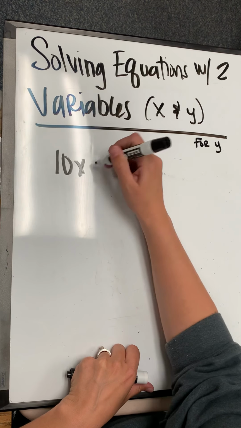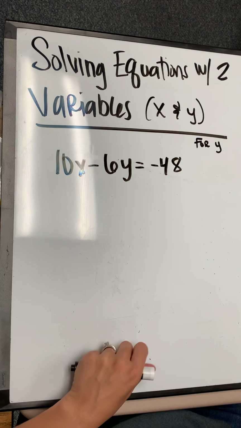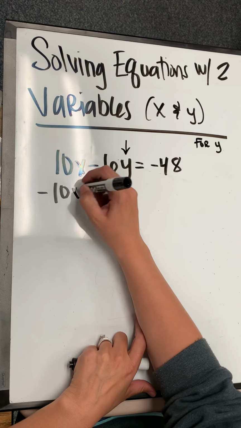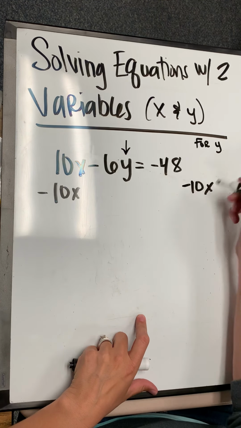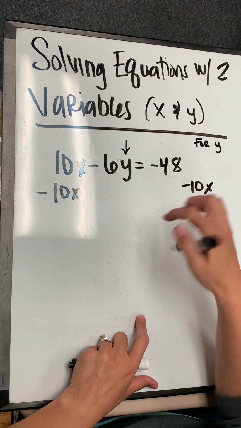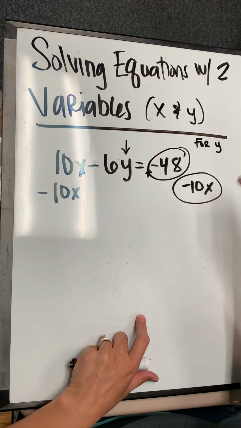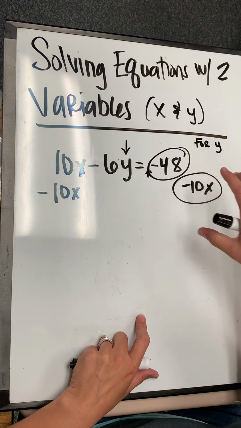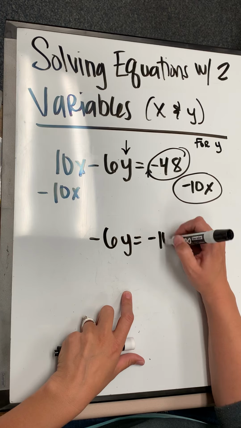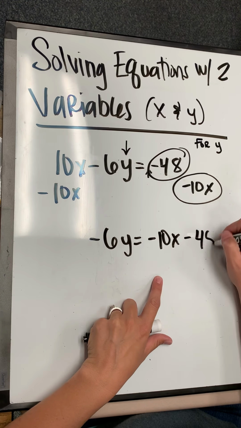So 10x minus 6y is equal to a negative 48. All right, so we know that we're solving for y. So I'm gonna minus 10x, minus 10x. Now really, I've told you guys you always put it behind what's already there. If you were to squeeze it in the front, you just have to make sure that those values are still the same. So negative 6y is equal to, if I wanted to put my x first, I could go ahead and put my x first like this, minus 48.